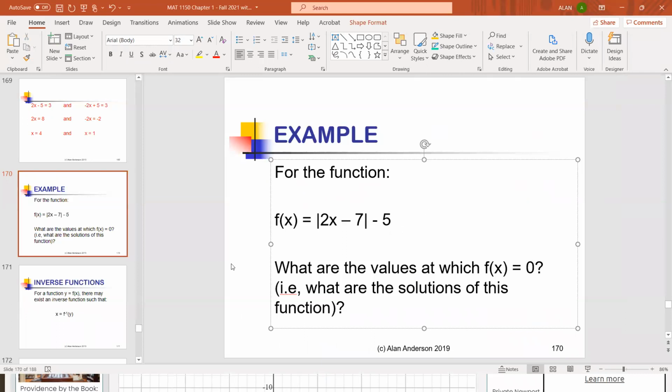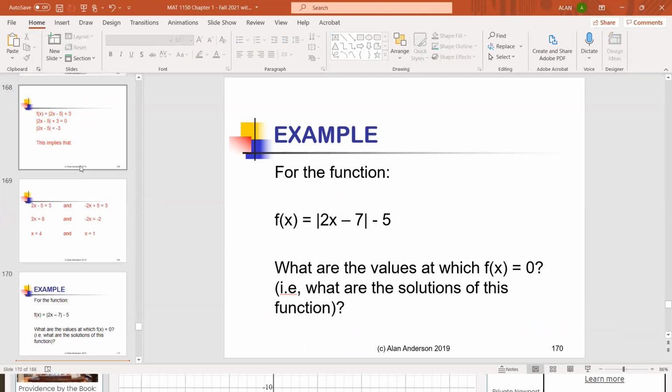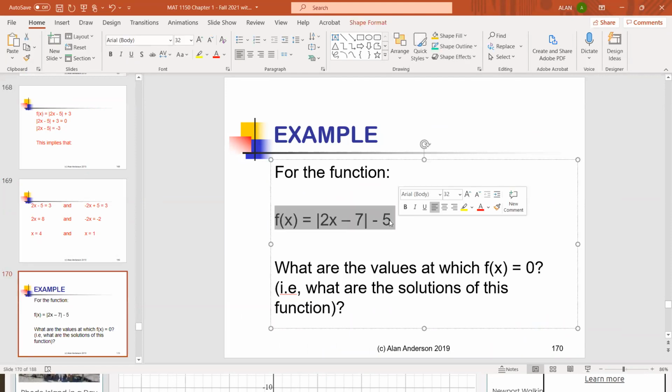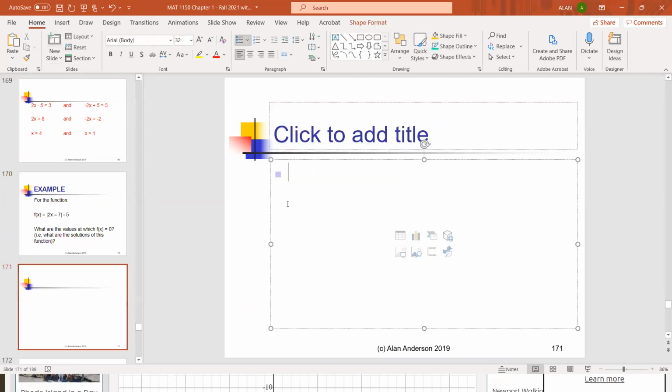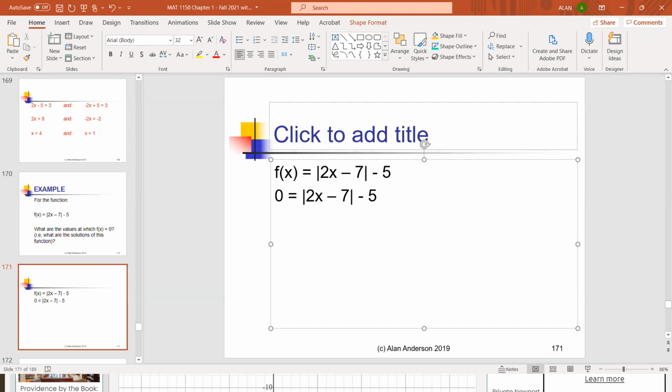All right, so how do we figure this out? Now, the symbol lab will tell us what we need to know. So what we do first is we typically set this equal to 0. So in other words, 0 equals absolute 2x minus 7 minus 5. 5 equals absolute 2x minus 7. So this is the tricky part.